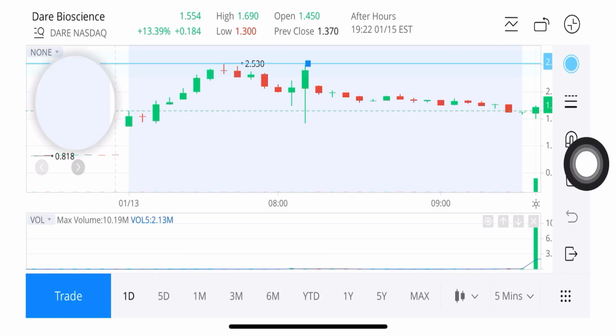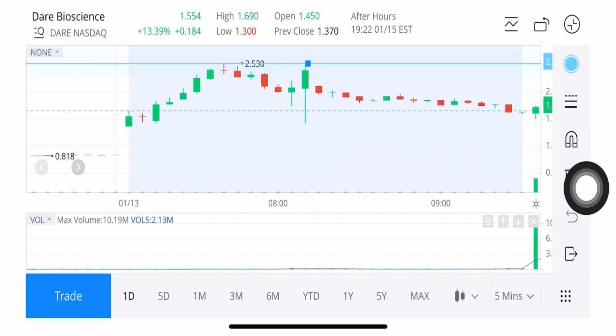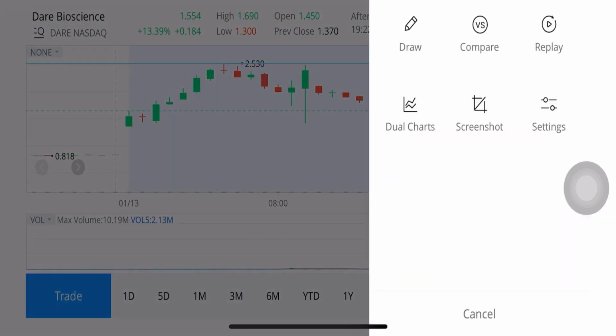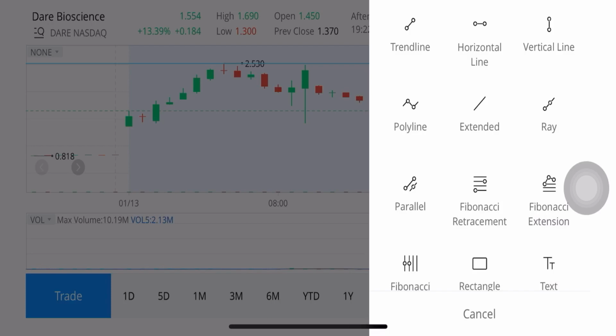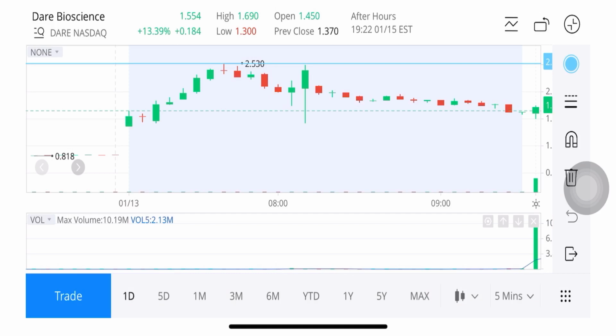So what you want to do is look at other areas of resistance in this chart. We want to find another, more realistic resistance to sell at. Not that the $2.53 resistance isn't realistic. We just know that we probably want to sell before the price rises that high, because there's no guarantee that the price will rise that high.